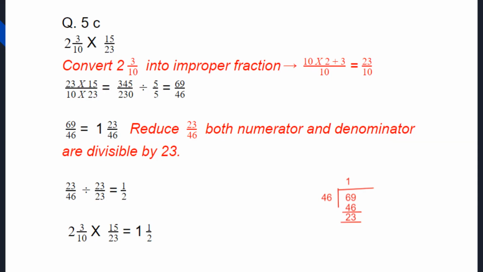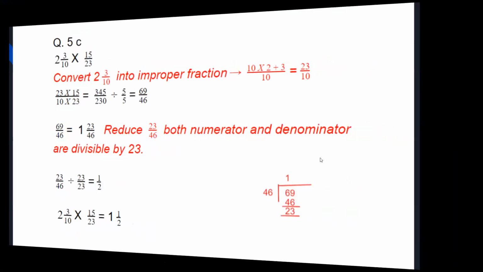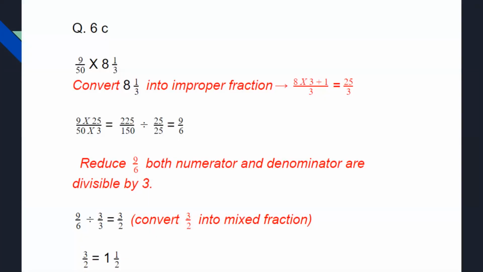So divide it by 23, we will get 1 by 2. So write the fraction 1 by 2. 1 is the integral part and the remaining fraction part which we have reduced. 23 upon 46, when reduced, will become 1 by 2. In this way, we can reduce the final answer also.